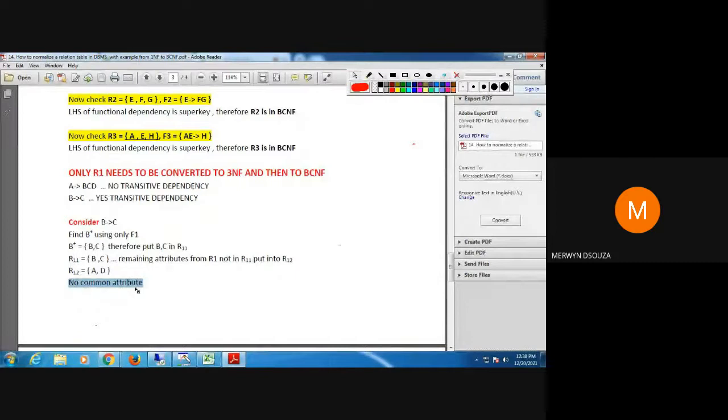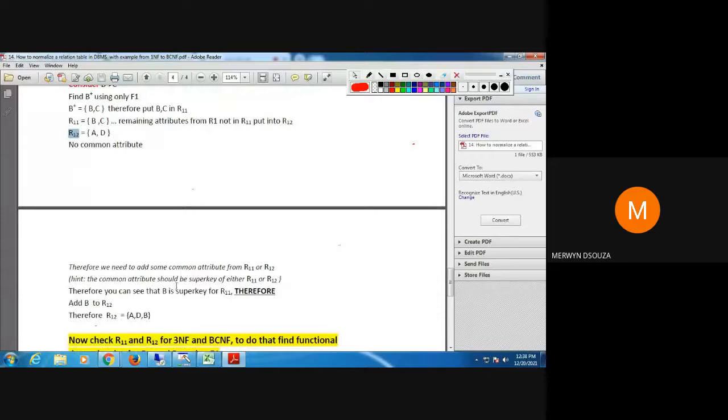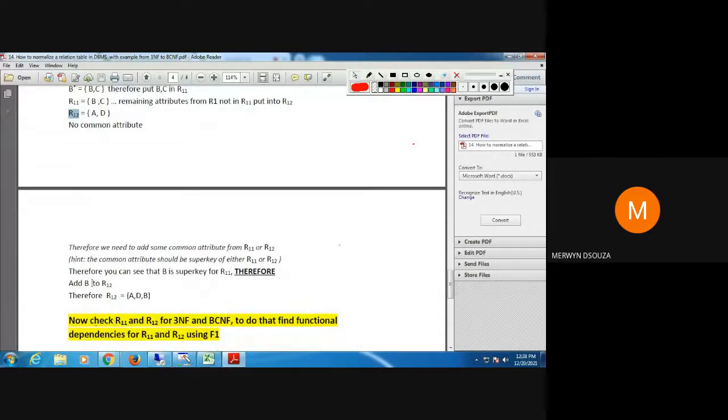You need to find a common attribute from the first set and put it into the second set. So find one attribute from R11 which is a super key and add it to R12. When you find it, you will find that B is the super key of R11. So you will add that B to R12.